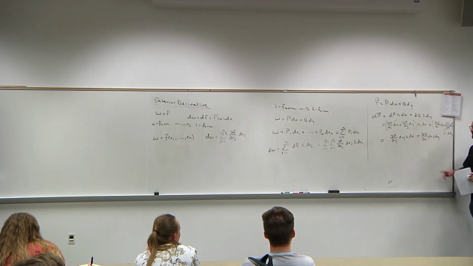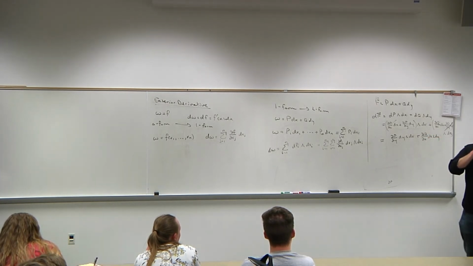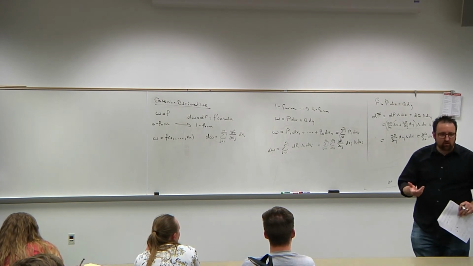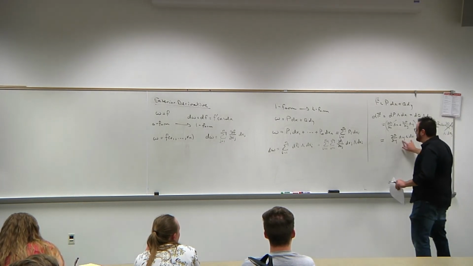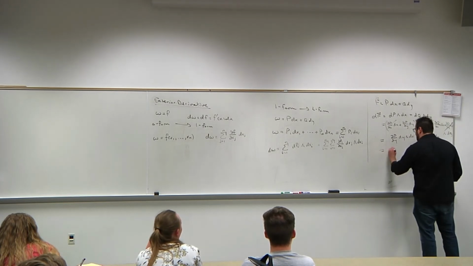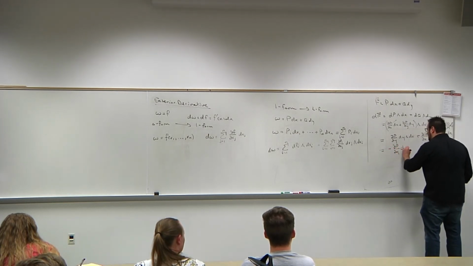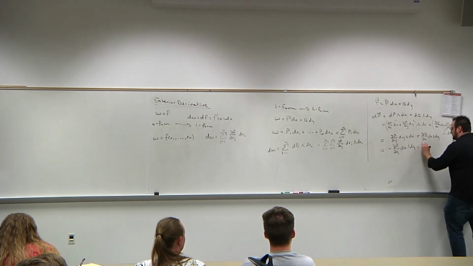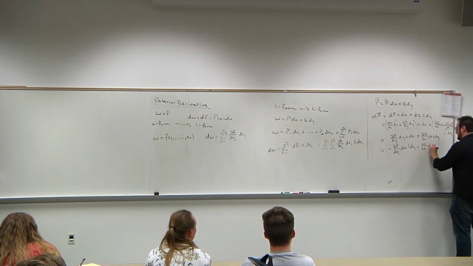And what did I say about how I wanted to order these? I always want to have them in alphabetical order. So I'm going to switch this guy to dx wedge dy, and that puts what? A negative. So I get negative partial p partial y dx wedge dy plus partial q partial x dx wedge dy.